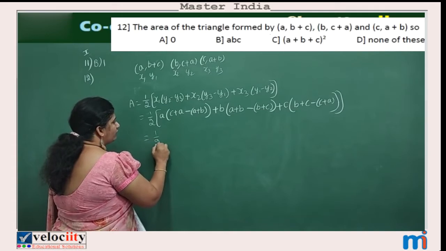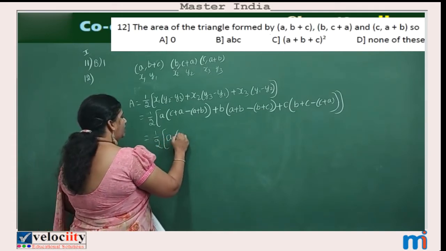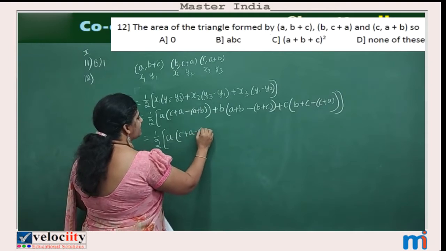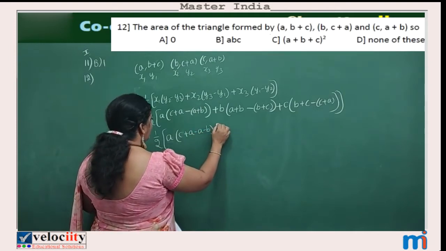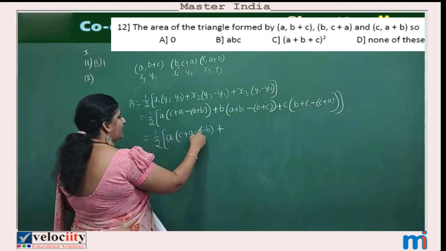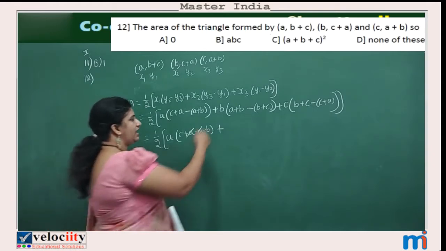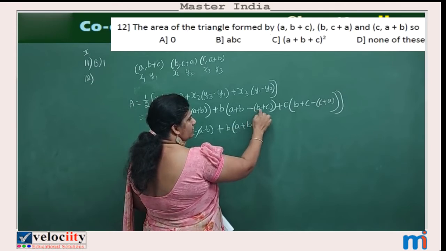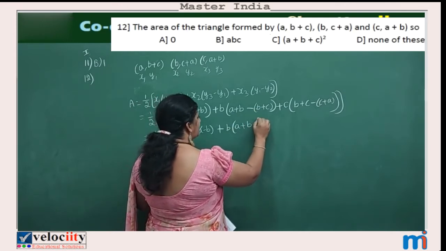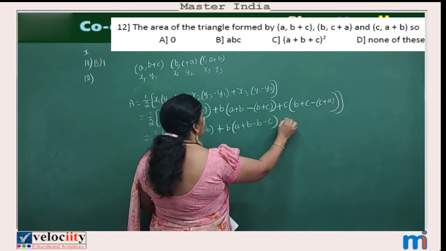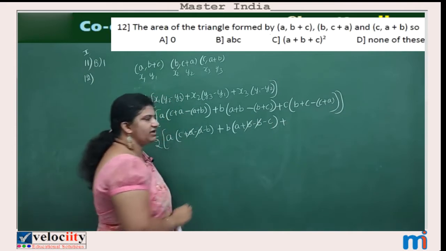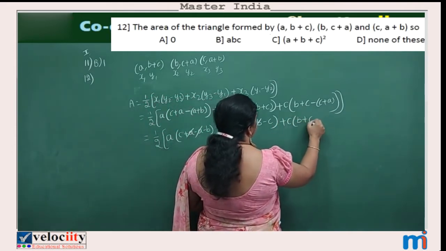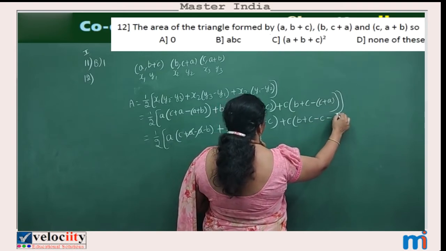That is equal to half of A into, remove this from bracket, (C plus A minus B), okay, plus minus A plus A will be cancelled, and next one B into (A plus B), remove from bracket, minus into plus will be minus B minus C, and here minus B plus B will be cancelled, plus C into (B plus C minus A).